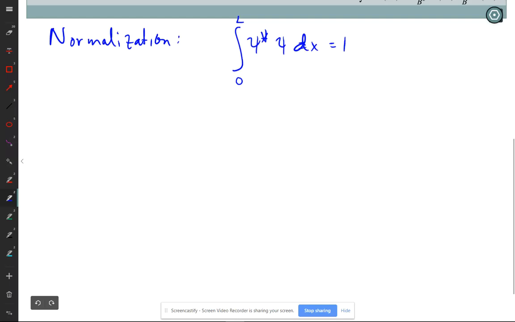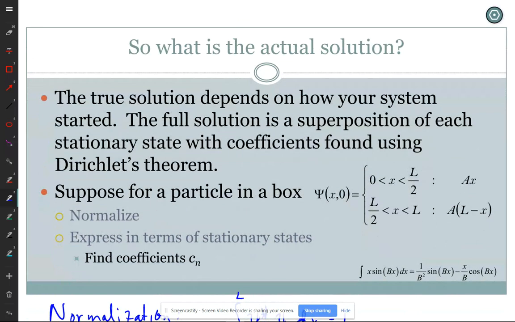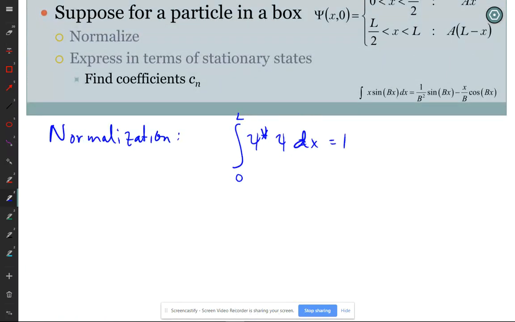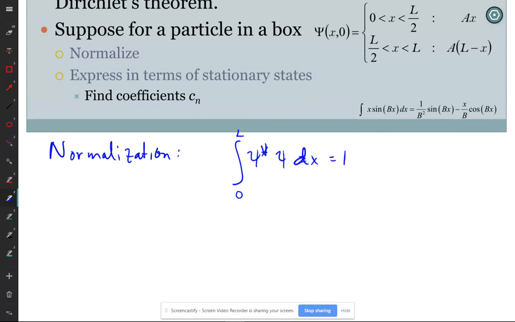So there I put my normalization condition. I put 0 to capital L because this only exists from 0 to L. So there's no point in having integrals of 0 outside of that. And so now I have to put in my function, and notice I have 2 regimes, so I have to break it into 2 different integrals.